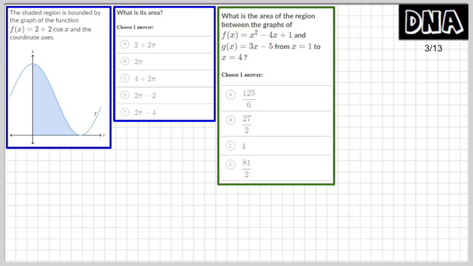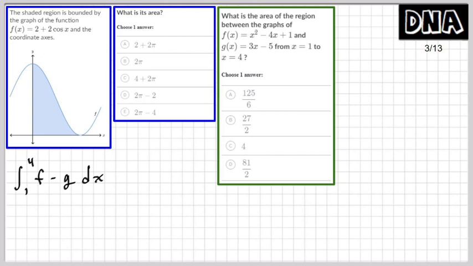But now for the shortcut. How can we shortcut this? I don't know if this is much of a shortcut, but it would be for some problems. So we're trying to find the area between 1 and 4, and what you would do is you would know, hopefully, which one is above the other. Now remember, if you don't do it right, like let's say what we're supposed to do is f minus g, if you get a negative answer, you just make it positive. That just means you should have gone g minus f.